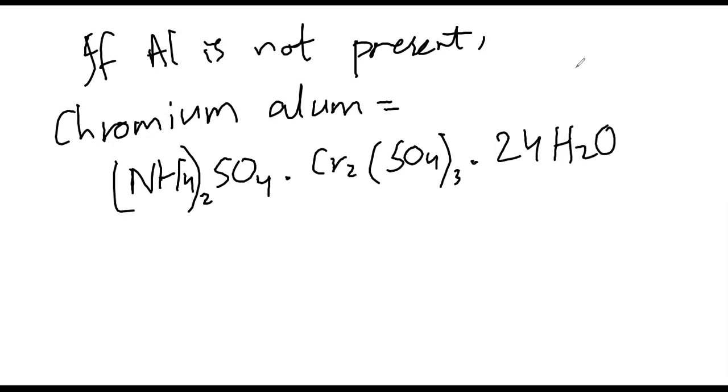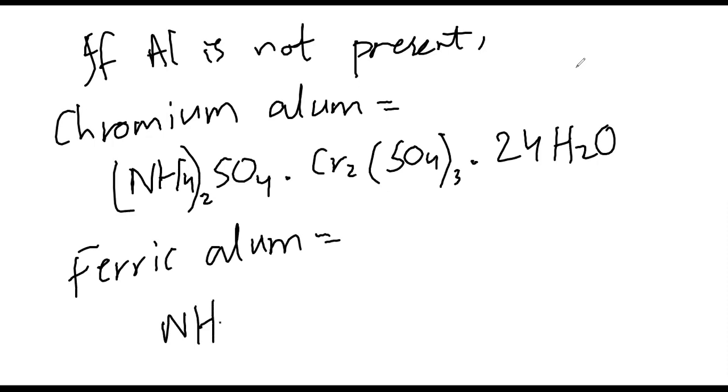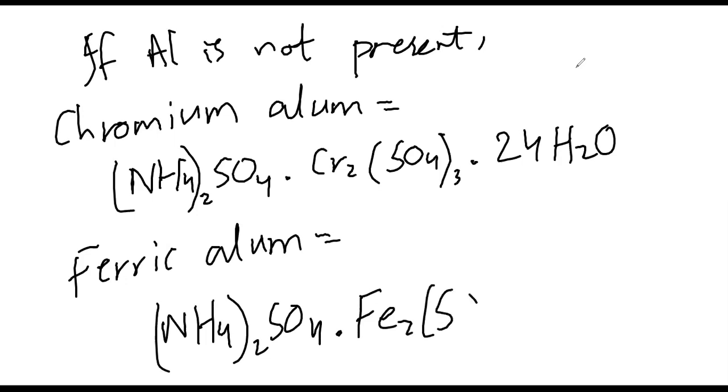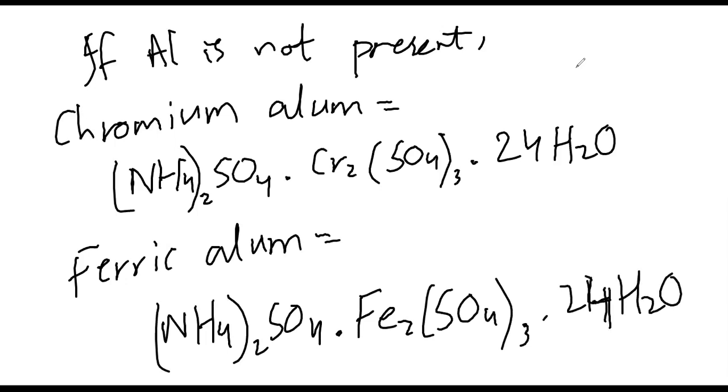No Al in the whole formula. Then ferric alum: (NH4)2SO4, with ferric iron, dot 24H2O.